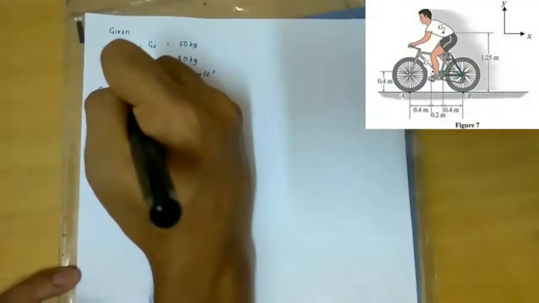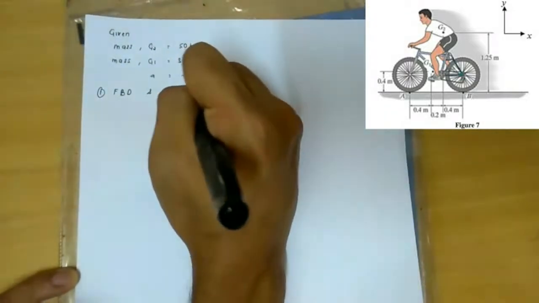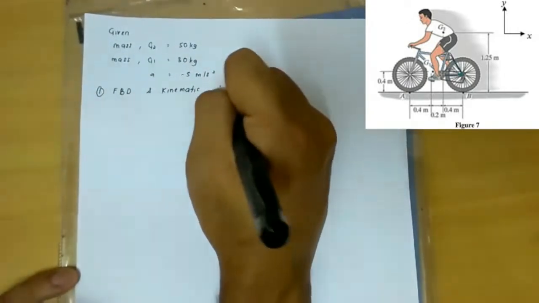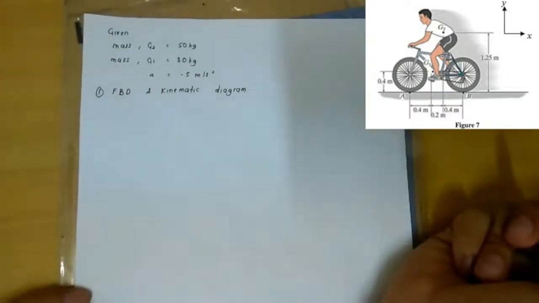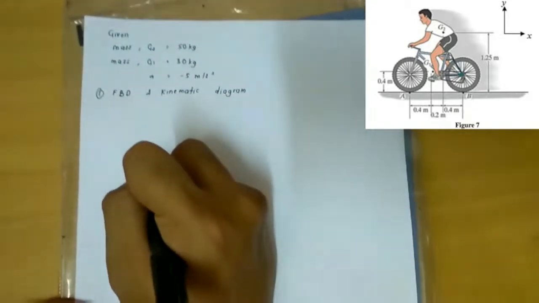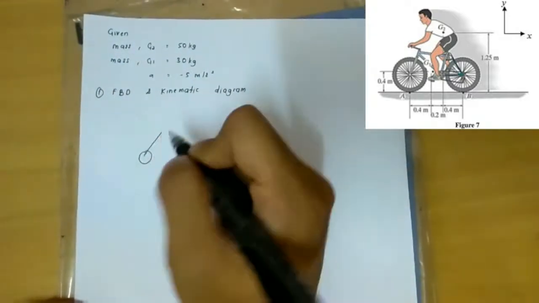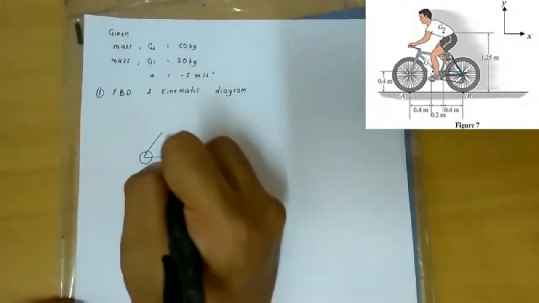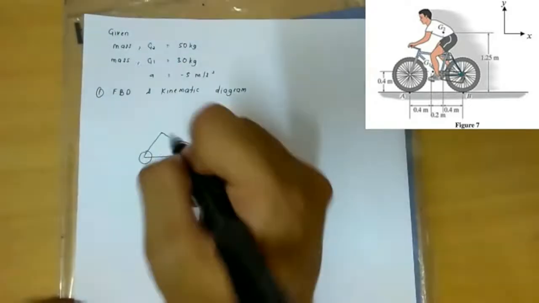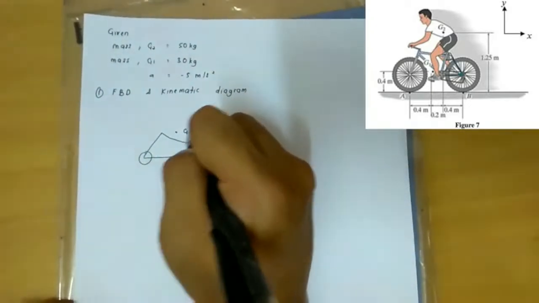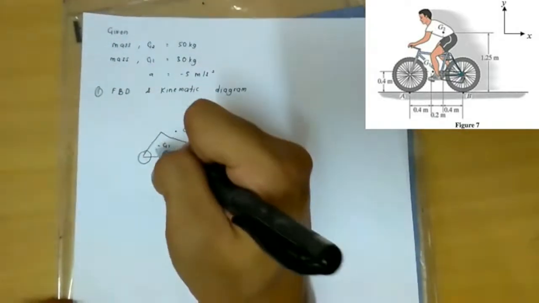So step 1, draw the free body diagram and kinematic diagram for us to know the flow of motion. Label G1 and G2.